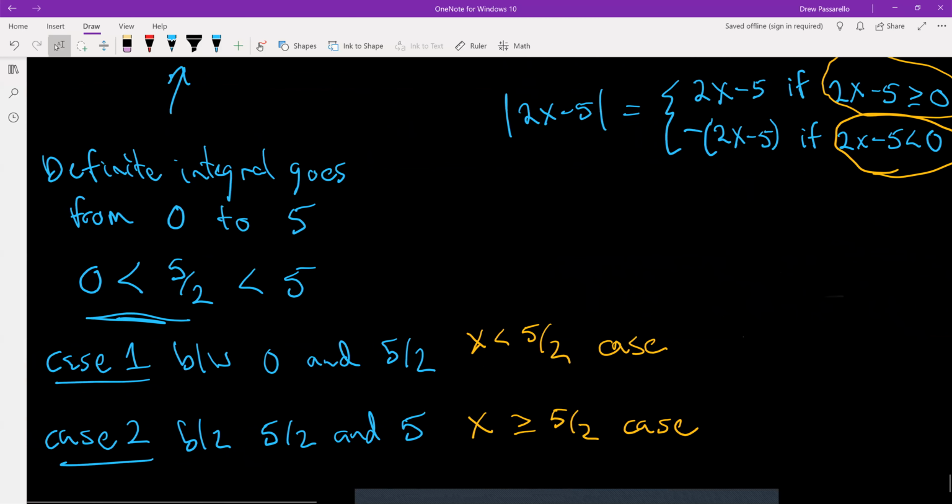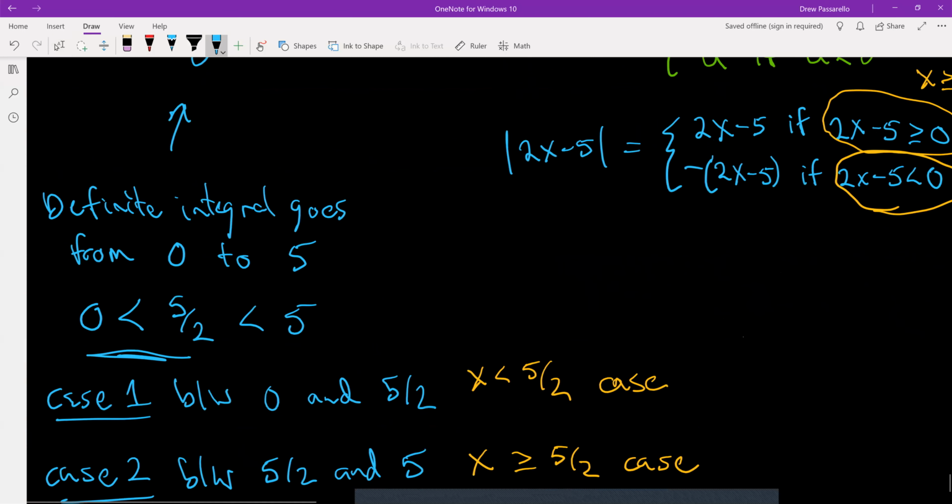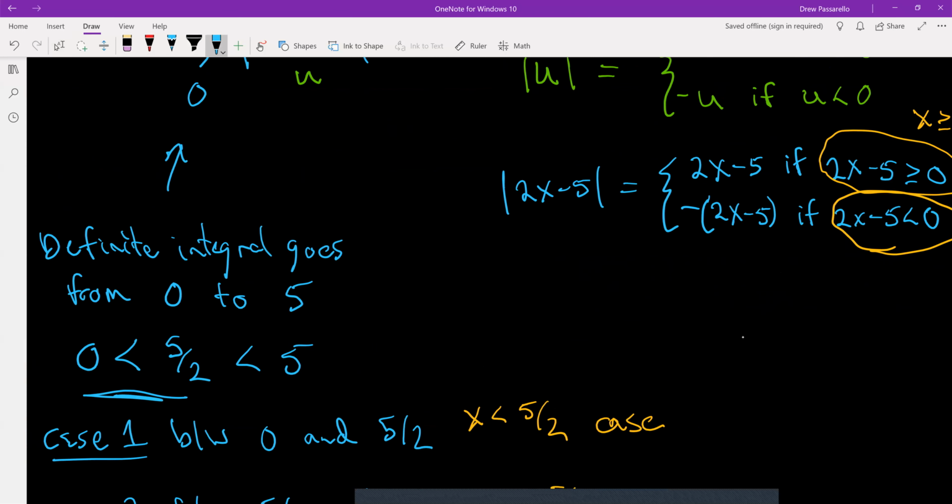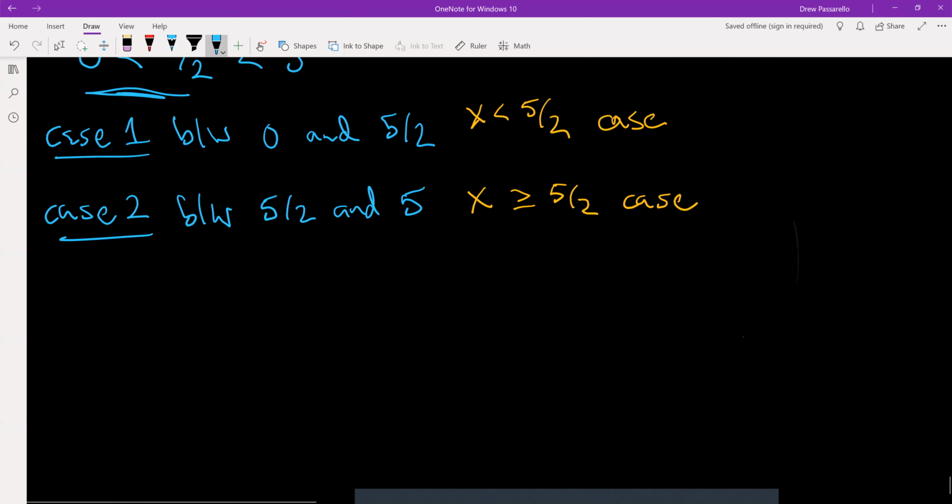And then the part between 5/2 and 5 is the x greater than or equal to 5/2 case. So depending on which case I'm in depends on whether I use 2x minus 5 or negative times 2x minus 5.